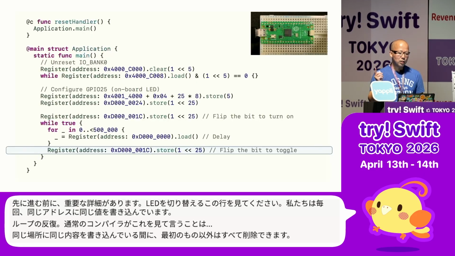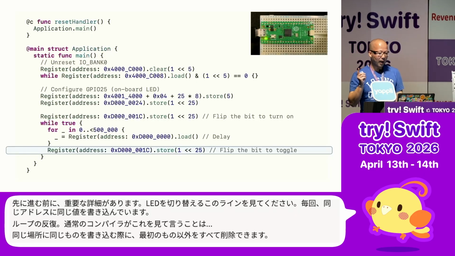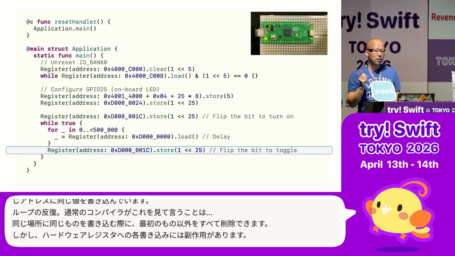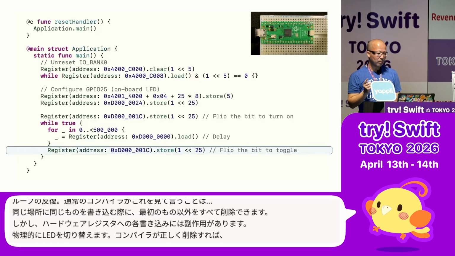But each write to a hardware register has a side effect. It physically toggles the LED. If the compiler removes those writes, it also removes the side effects, and the LED stops blinking.